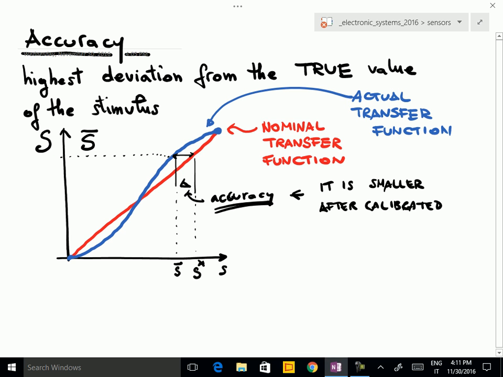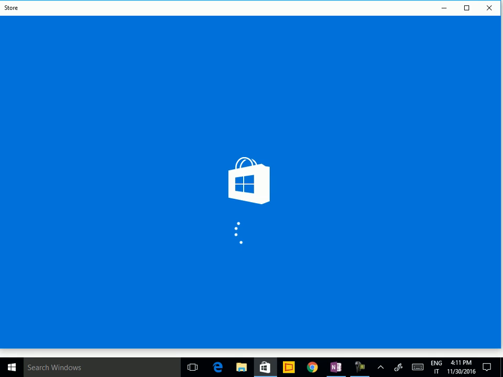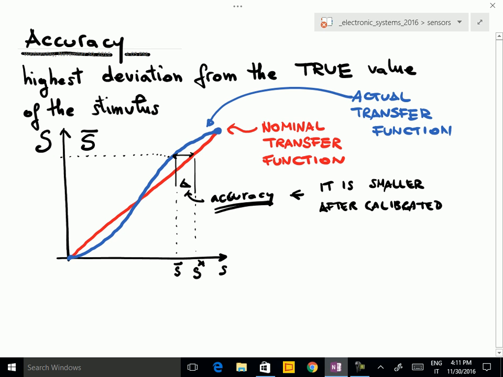Sometimes in the data sheet the accuracy is given in absolute terms, sometimes it is given as a percentage of the maximum value of the stimulus, the so-called span. This is the span. The span is the maximum range over which the stimulus can vary.